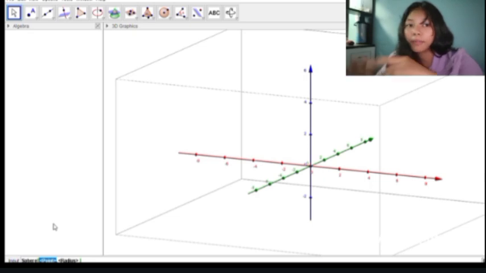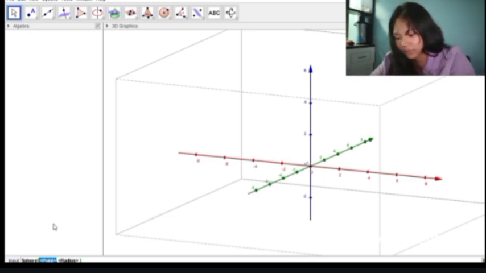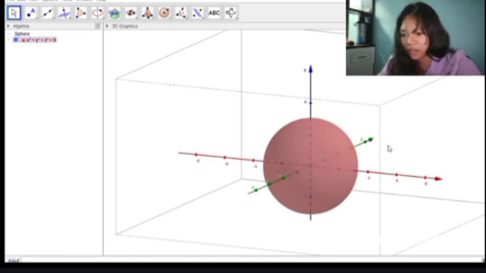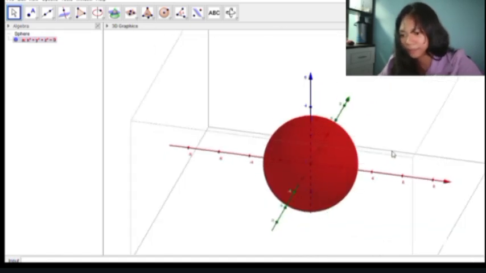Since the problem didn't specify the point, we can just say that it is at the origin, which is the default. So let's say 0, 0, 0, and our radius would be 3. So this is our sphere.